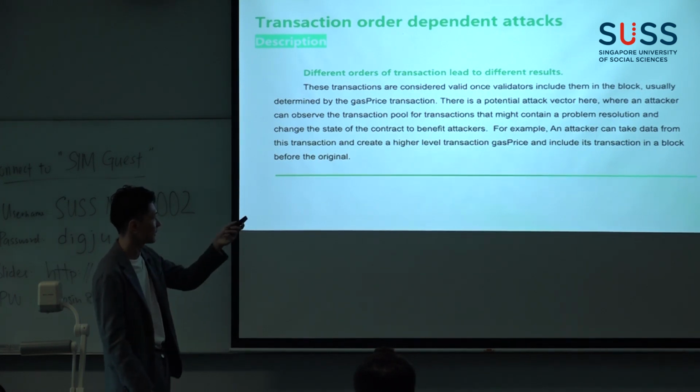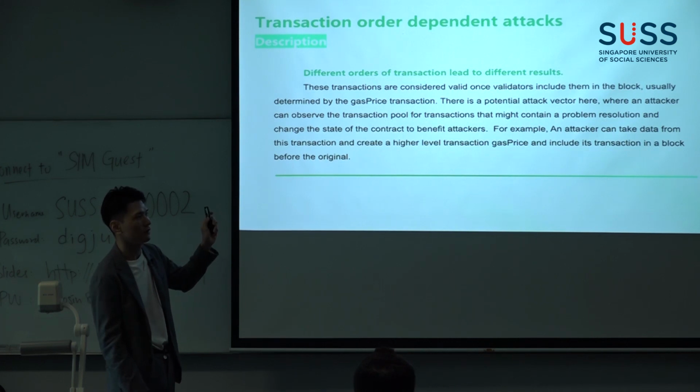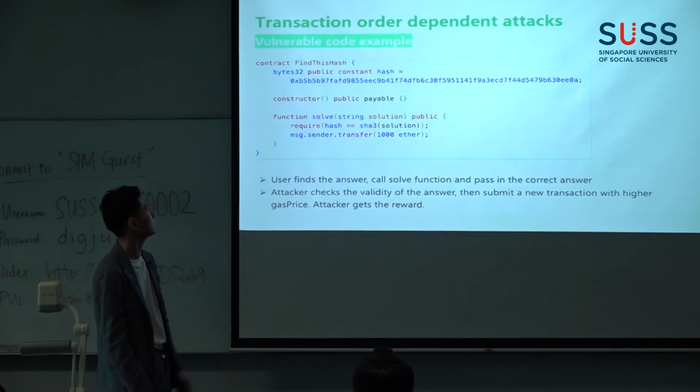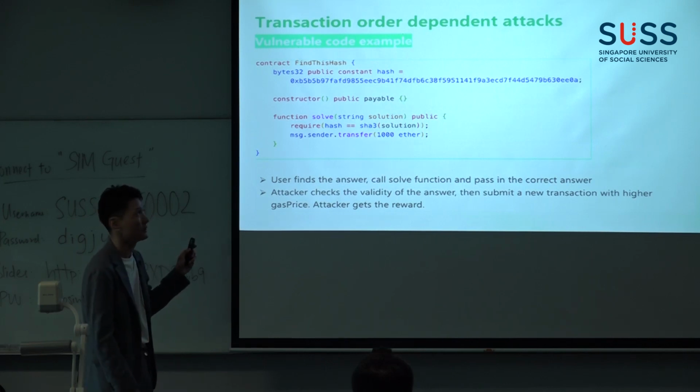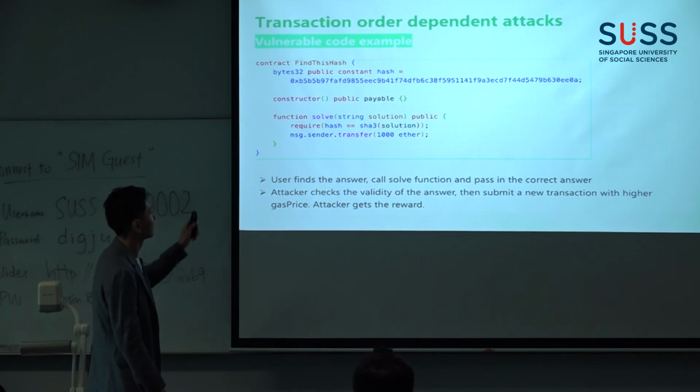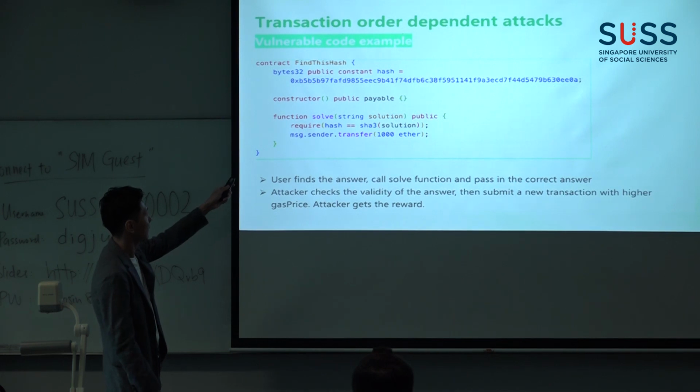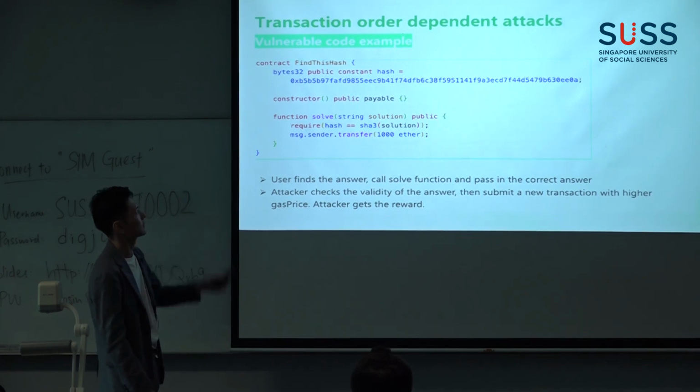For example, this attacker can take data from the transaction. We'll have an example of a game that tries to guess a number. This contract name is FindThisHash. We have a hash here, and we're trying to get the string to result in this hash.